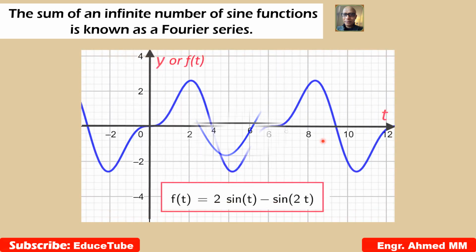If I bring another curve, this one shows a graph of 2 sine t minus sine 2t. The difference between these two figures: the previous one was only this, but this one has 2 sine functions.